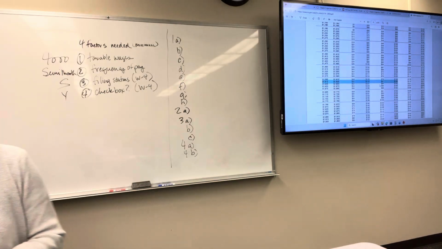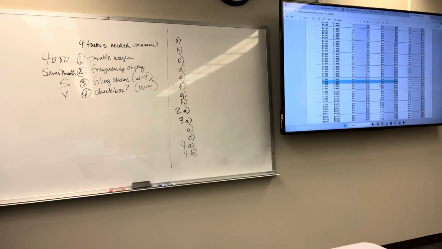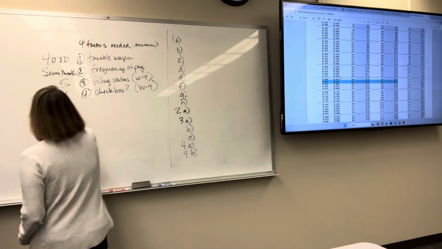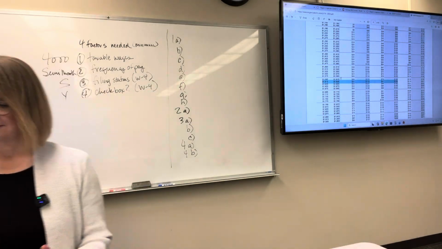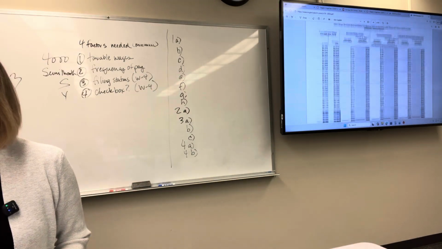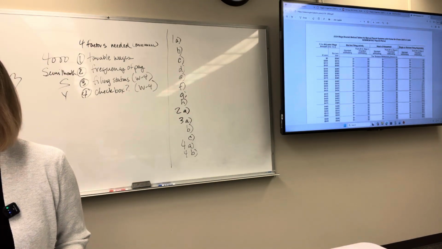All right, so semi-monthly, $4,000. See if you can find it. $743. That was fast. All right, so we've got to scroll down to get to our semi-monthly.